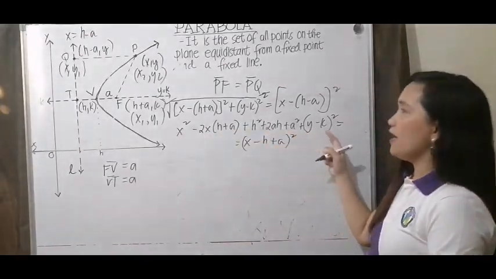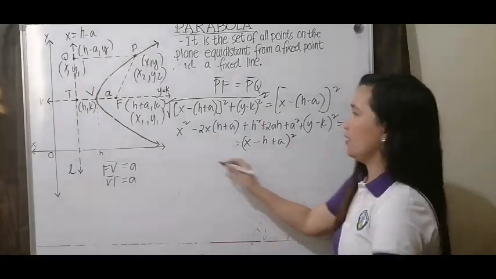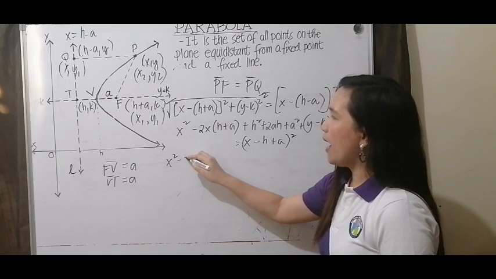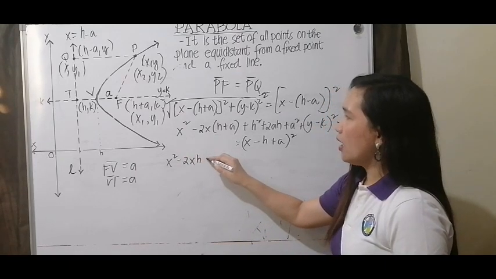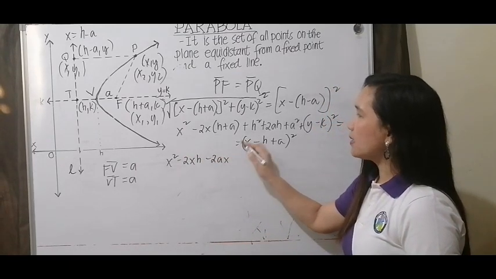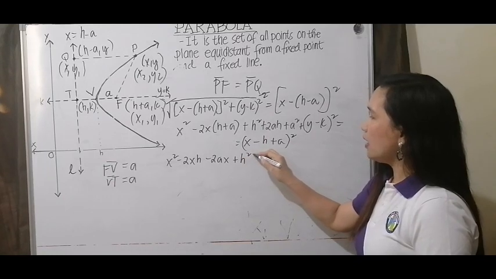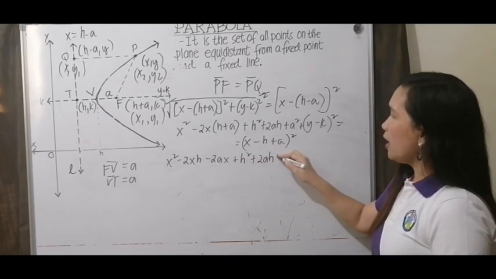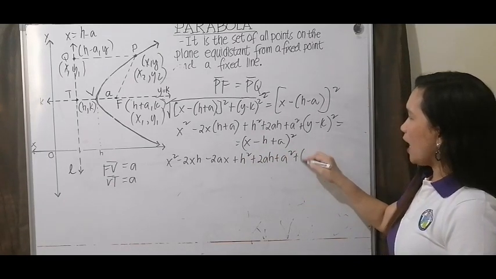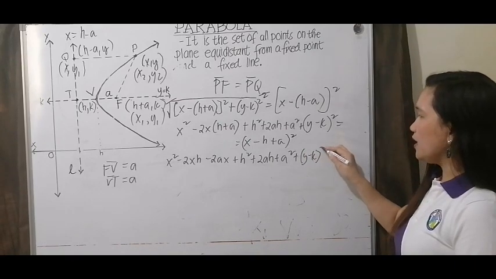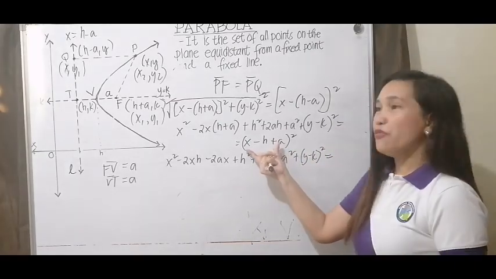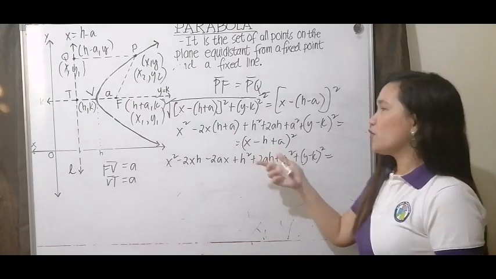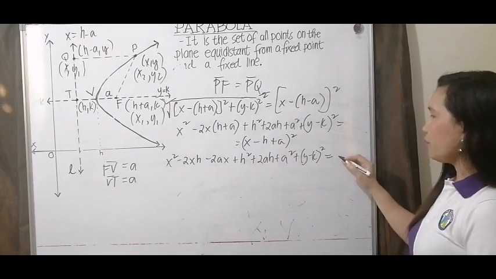Let us simplify the left-hand side of the equation. So we'll have x squared minus 2xh minus 2ax plus h squared plus 2ah plus a squared plus (y - k) quantity squared equals the square of this trinomial. So square each term first.